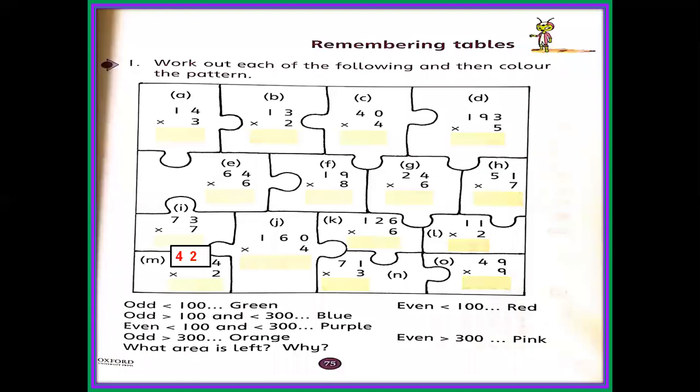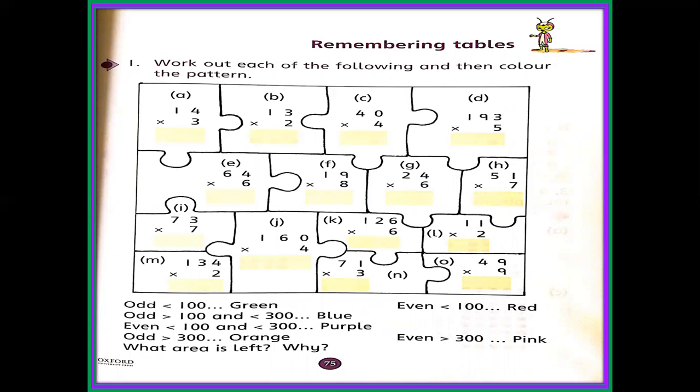This is the page number 75. Remembering tables. This is all again the practice of the tables. Again, I remind you, tables are very important, especially if you do the multiplication of problems.